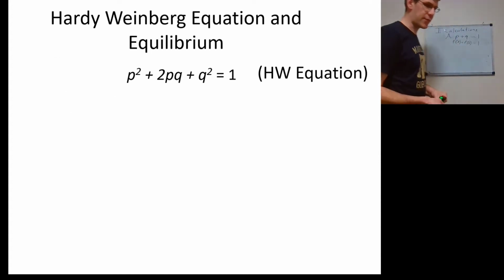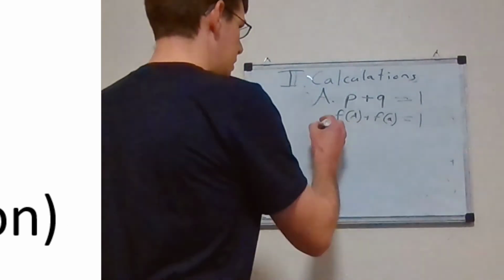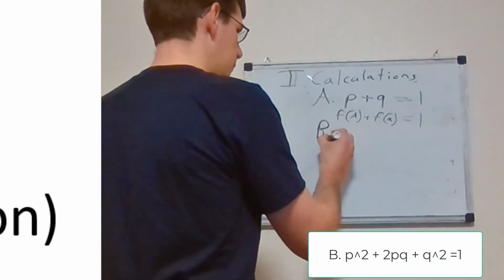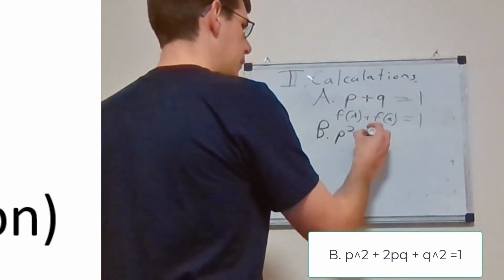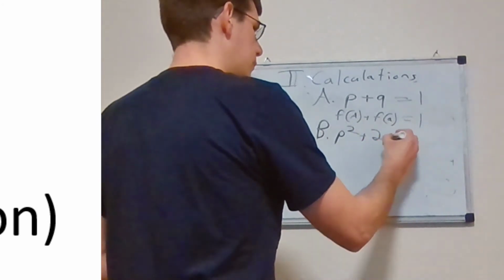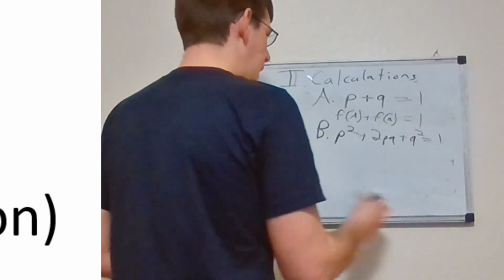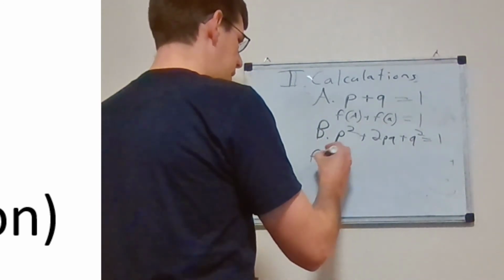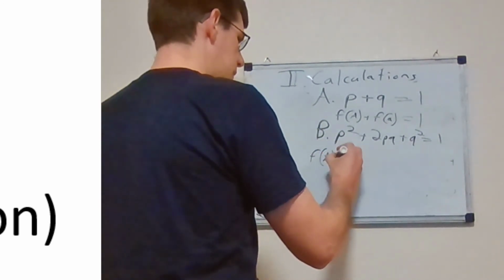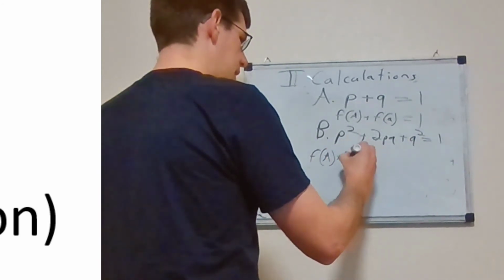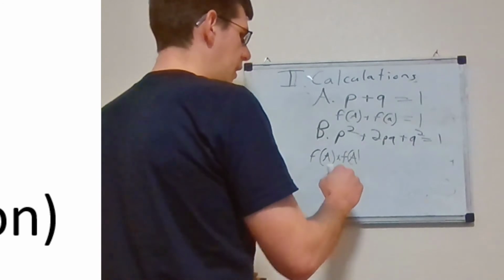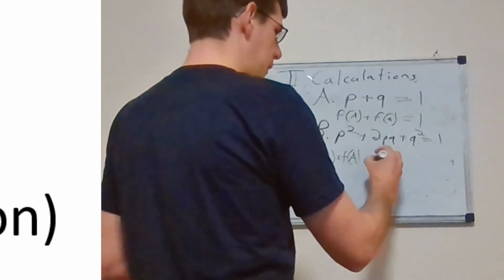Well, let's look at that genotype frequency. We would use the calculation here, p squared plus 2pq plus q squared equals 1. How we get that is going to be your frequency of A times frequency of A, these uppercase A's, is going to equal your p squared.